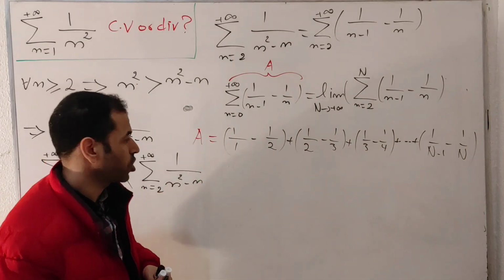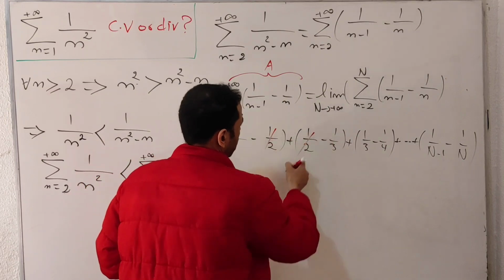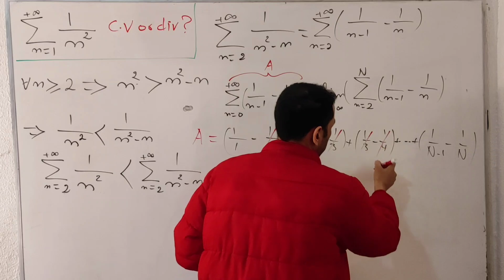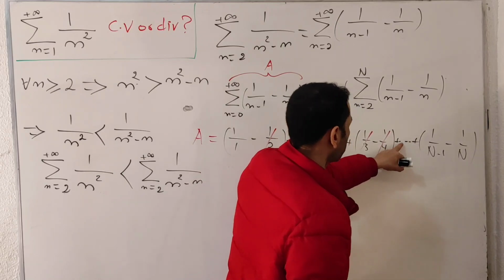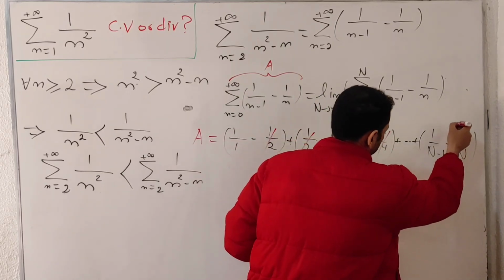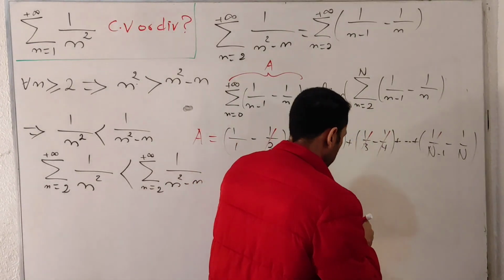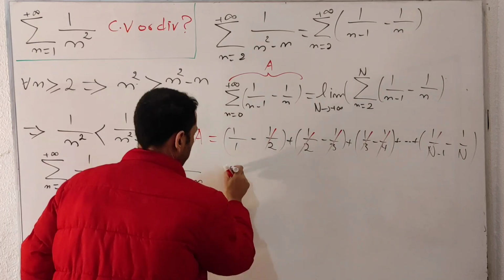Now I will have a lot of cancellation here. This half will cancel with this half, this third will cancel with this third, this quarter will cancel with the term after it, and so on, up to capital N.